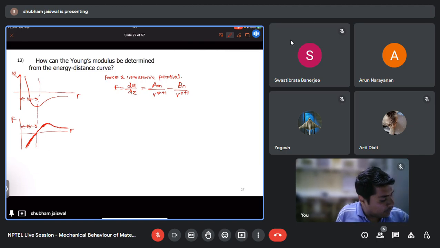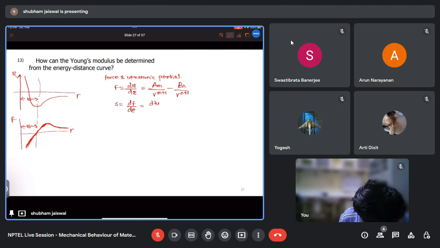Now, this is giving us the force. If I calculate the slope of the force curve, it will come out S is equal to df upon dr, that is del square u upon del r square when r equals r naught.